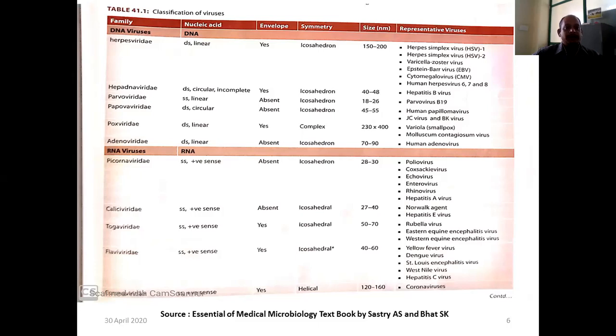Examples of RNA viruses: the Picornaviridae family contains poliovirus, responsible for causing polio. Then hepatitis A virus, again responsible for causing viral hepatitis. The Caliciviridae family, having single-stranded positive-sense RNA, contains hepatitis E, responsible for causing viral hepatitis.